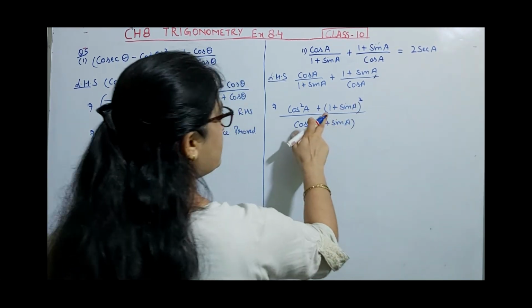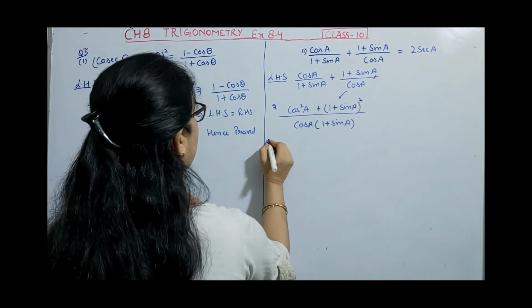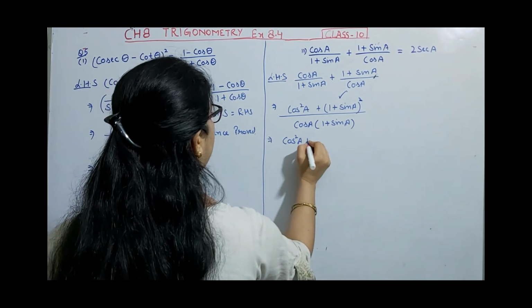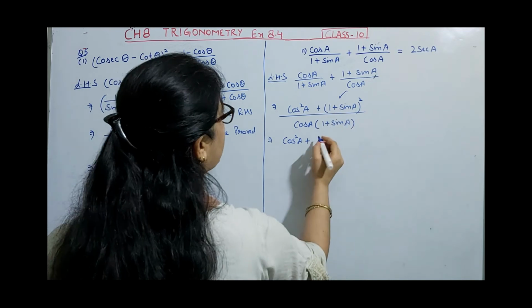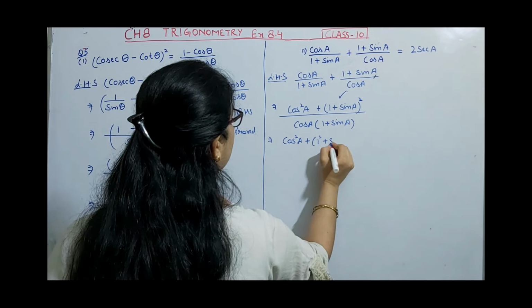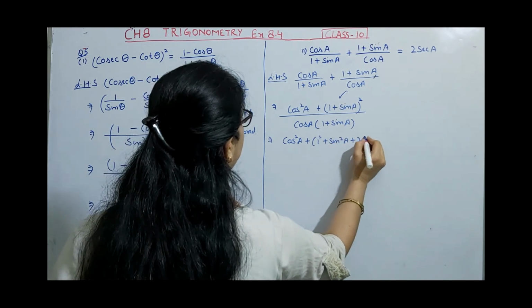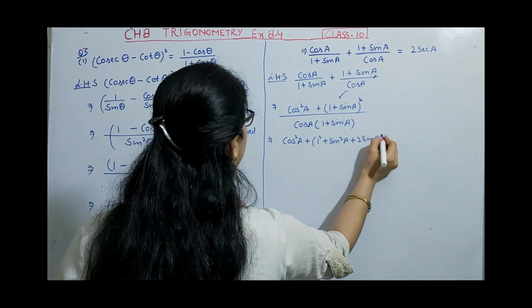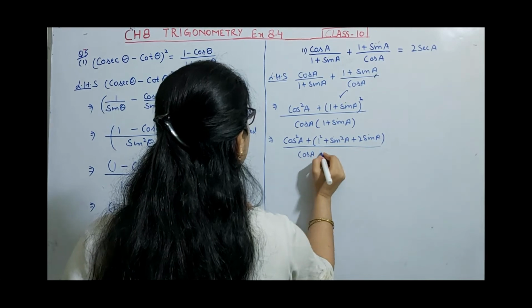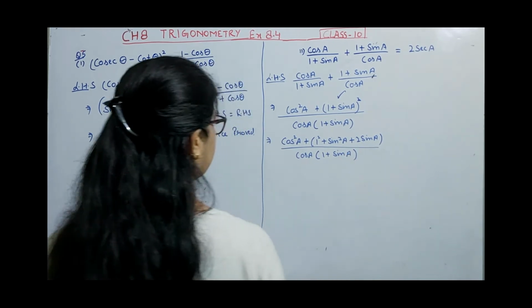Now this term becomes like (a plus b) whole square, a square plus b square plus 2ab. It becomes like this, over cos A (1 plus sin A).